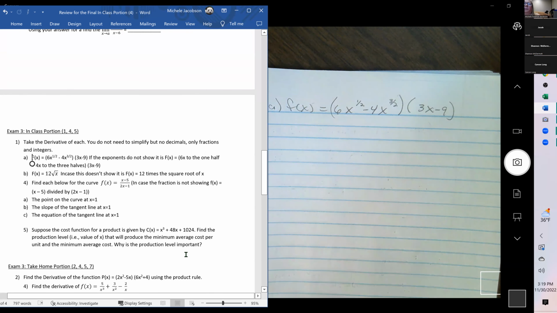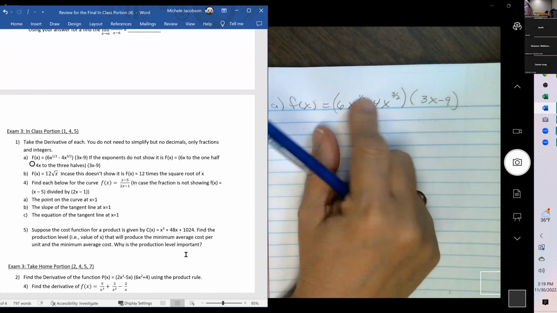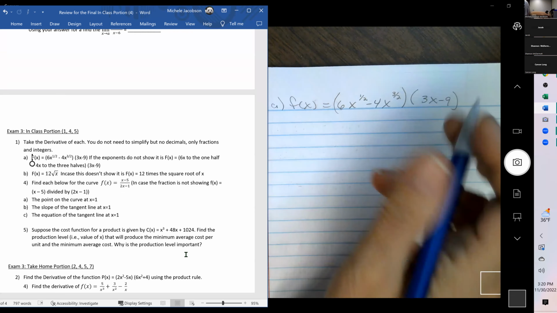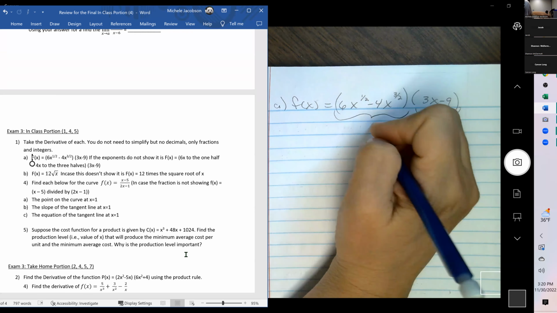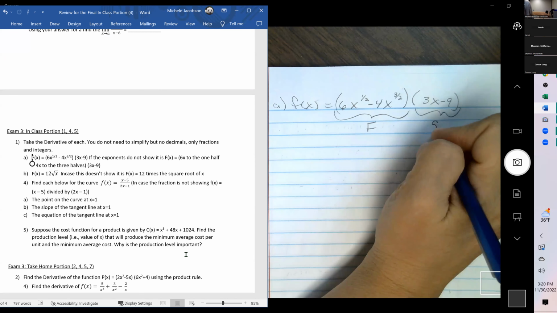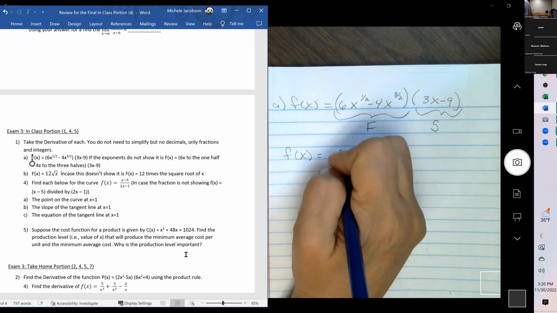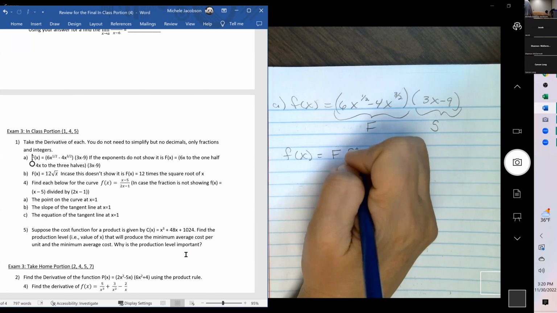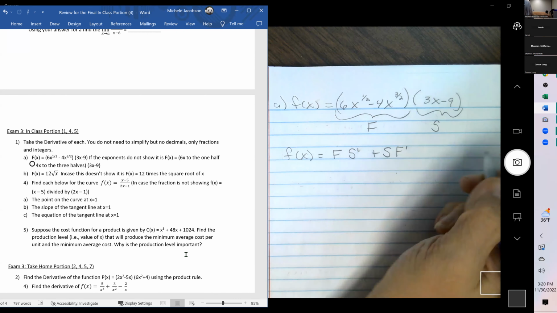So we want to find the derivative. I would just use product rule. Multiplying these out, it's too easy to make mistakes. Product rule is first times the derivative of the second plus the second times the derivative of the first.